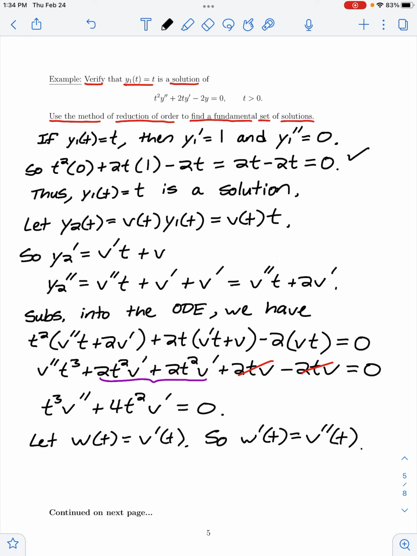So if we rewrite our equation in terms of w, we have t cubed times v double prime, or the first derivative of w, let me write it in Leibniz notation, dw dt, or w prime, doesn't really matter, plus 4t squared times v prime, which is what we were calling w, is equal to 0.